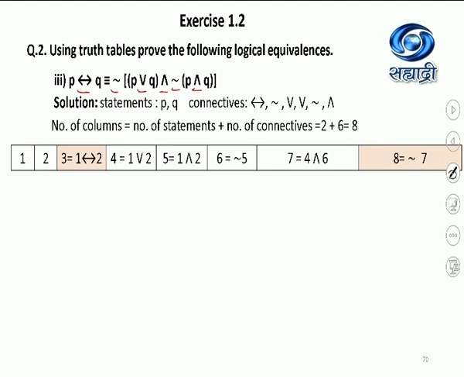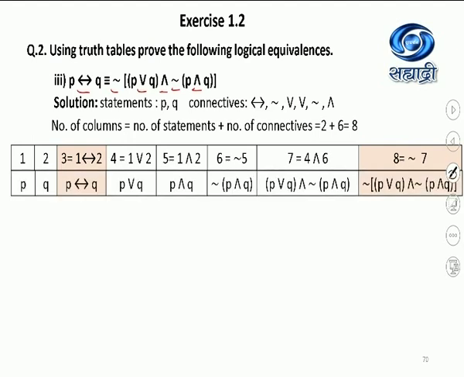As I have already told you, the first 2 columns will go by default for the statements P and Q. And from the third column onwards, we have to allot a particular column number to a particular part of the statement. The third column will go obviously for the LHS statement P if and only if Q. Now move over to the right hand side of the equivalence sign. You can see the negation sign is there for the square bracket.